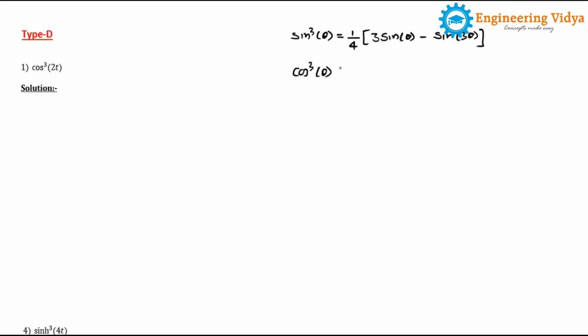Cos cube of theta is equal to 1 by 4 times 3 cos theta plus cos of 3 theta, right? So always remember that if sine is there, then a minus sign will come in between, and if cos is there, then a plus sign will come in between. So this is the formula for sine cube theta and cos cube theta.